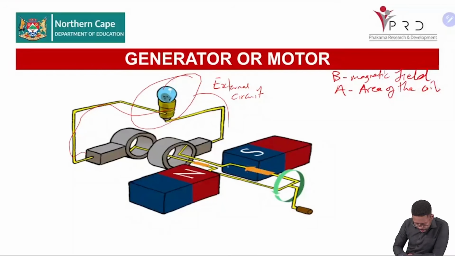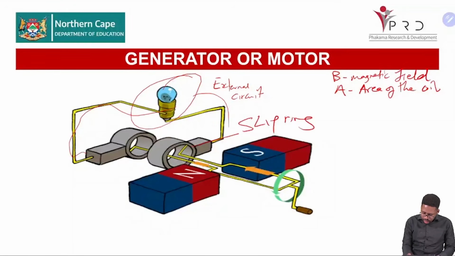Then what will happen is that this area of the coil will be connected to these two things, these complete circuits. Now, these are the ones that determine whether we are having an AC generator or a DC generator. So if you are going to have this component called a slip ring, then it means you are going to have an AC generator.